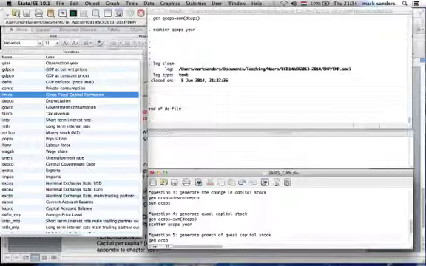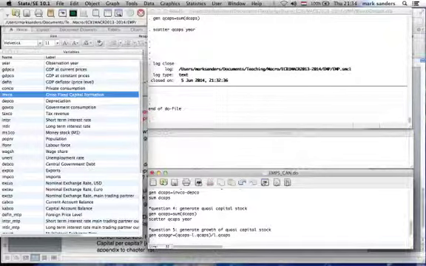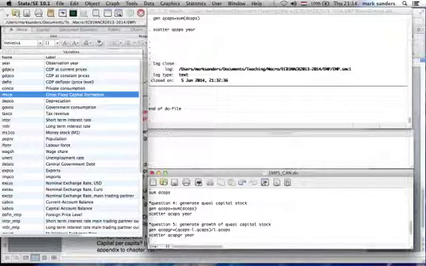Q cap growth rate is given by Q caps minus the lagged value of Q caps over the lagged value of Q caps. And we needed to plot that too. So here we go.